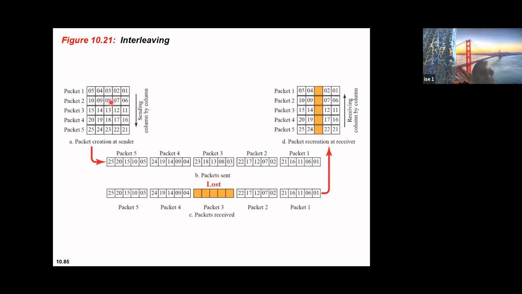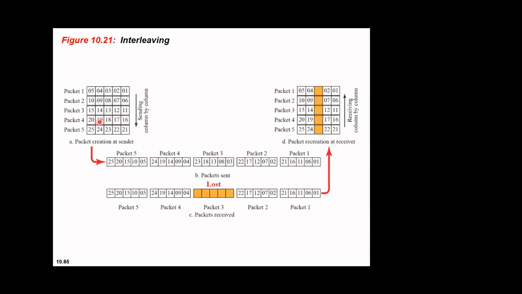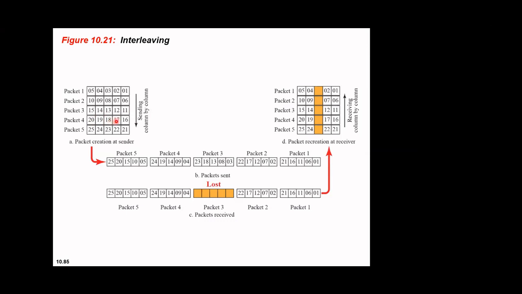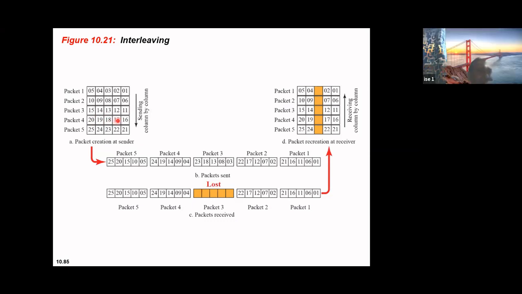10 plus 9, 19 plus 8, 27 plus 7, 34 plus 6, 40 here. You got the idea? Then here how much? 20 plus 19, so 39 plus 18 will be how much? 57. 57 plus 17, 74. 74 plus 6, this is 80.